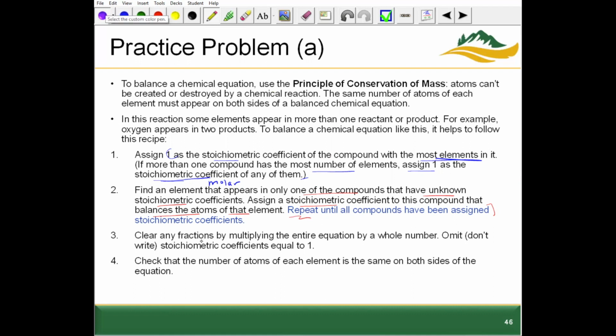Then similarly, we again don't want any fractions, so we're going to clear any fractions by multiplying the entire equation by some whole number. And we just have that implied 1 for our molar coefficients and our subscripts. So we don't write that number 1 out front, we just understand that it's there. Then of course, we are going to check our work.